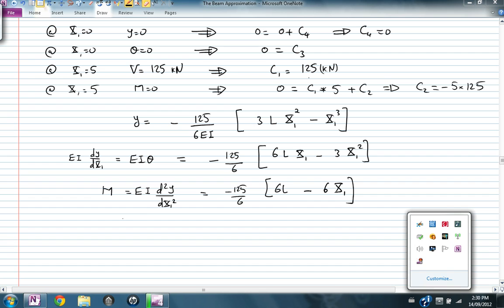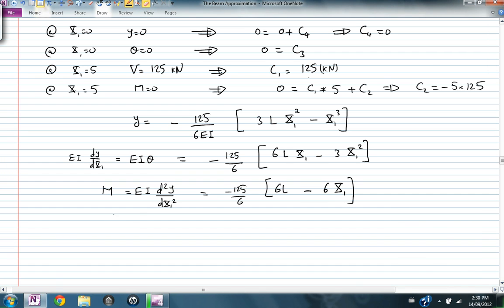And finally the shear, which is equal to EI d3y by dx1 cubed, will be equal to negative 125 multiplied by negative 6 over 6, which is equal to 125. Okay.